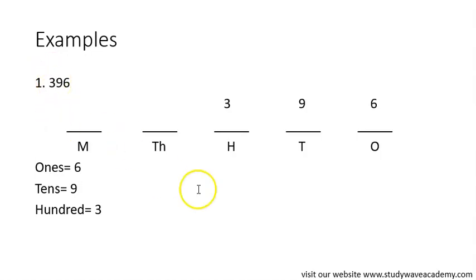So it is 6 in ones, 9 in tens, 3 in 100. We don't have 1,000 or a million. So we have placed this number according to its worth. Ones is 6, tens is 9, 100 is 3. So we have 396. We remember this pattern, right?